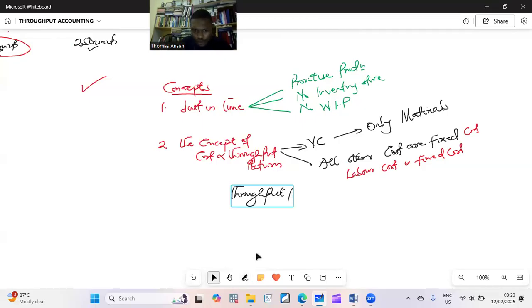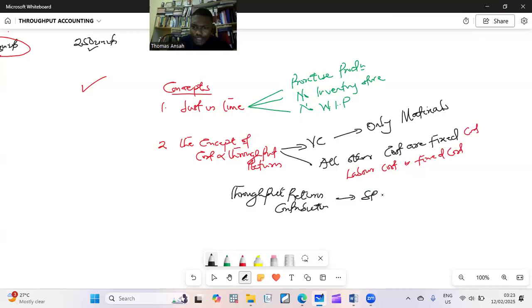You remember the formula for contribution, right? It is going to be my selling price minus my material cost. That's all. So contribution is equal to selling price minus material cost, and that is how I will get my contribution.